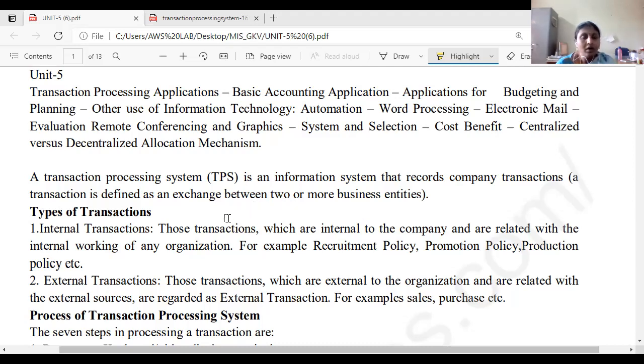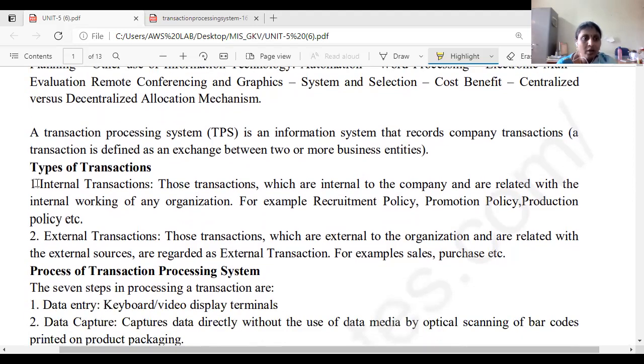So how many types of transactions are there? Two types: one is the internal transaction and the other is the external transaction. As the name itself says, internal means the business activities and operations we are doing within the organization.